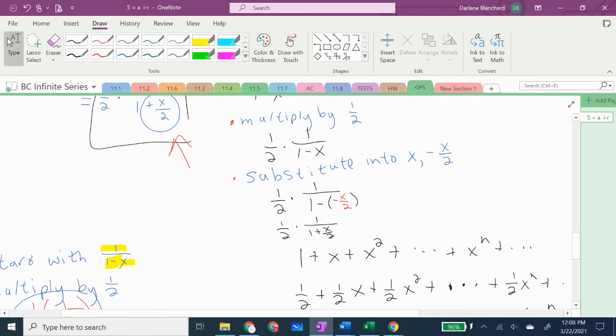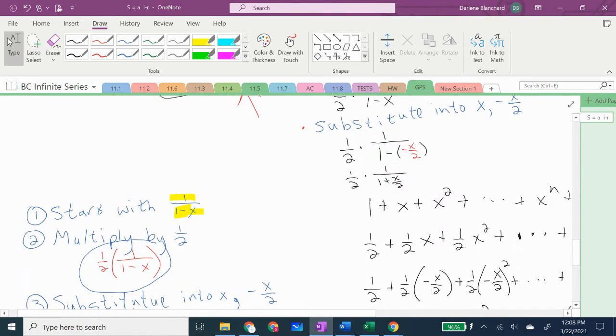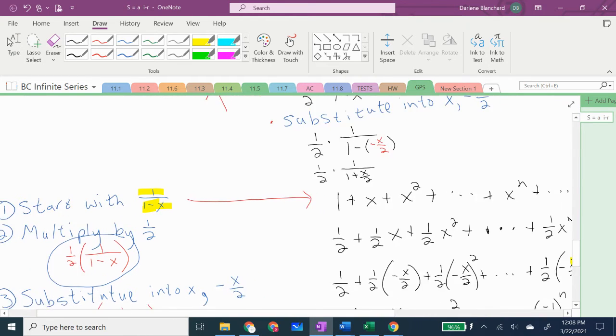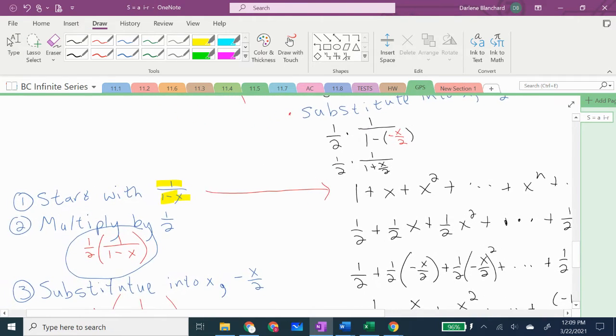So I'm starting with my 1 over 1 minus x, which you can see here. And then I am multiplying by 1/2.